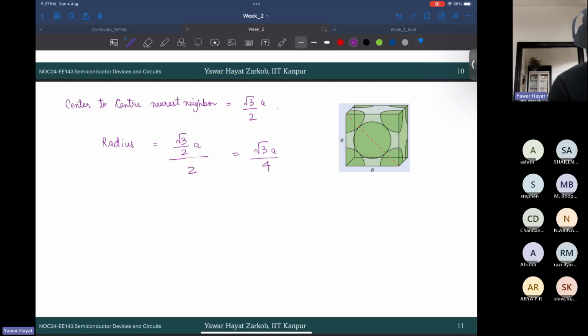Is this clear? Now, what is volume then? Volume is given by 4 by 3 for a sphere, right? 4 by 3 pi r cube. You all know this formula, right? So this is 4 pi by 3.